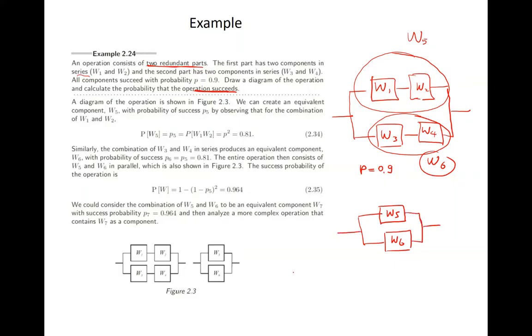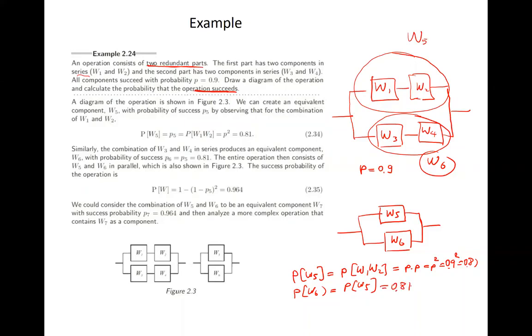Now we have to determine the probability of W5, which is a series connection. So it's going to be the probability of W1 and W2, which is P times P, so P squared, which is 0.9 squared, so it's 0.81. The probability of W6 is the same as the probability of W5, because success probabilities are equal. So it's 0.81.